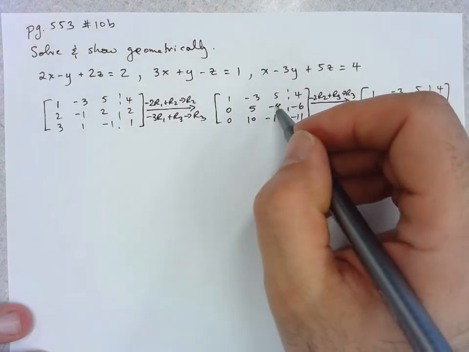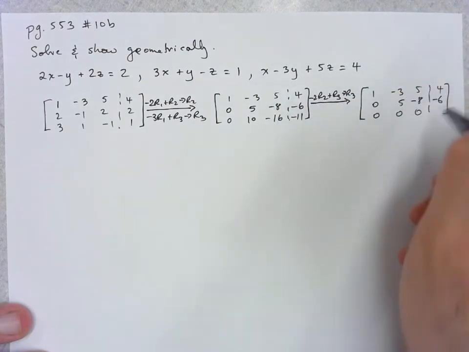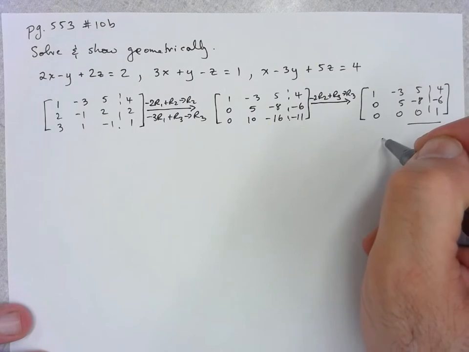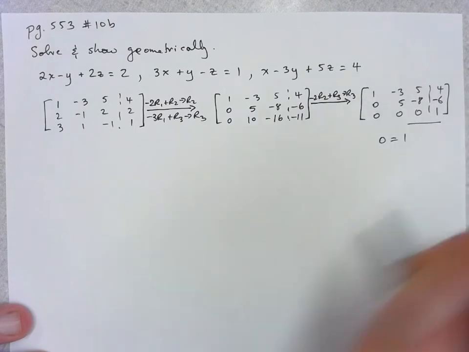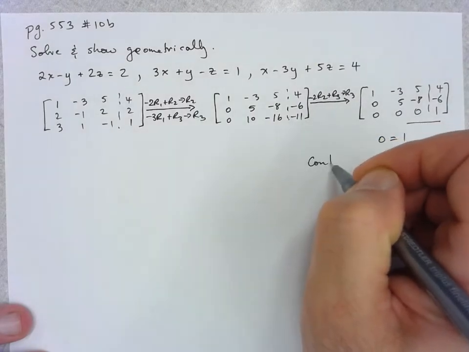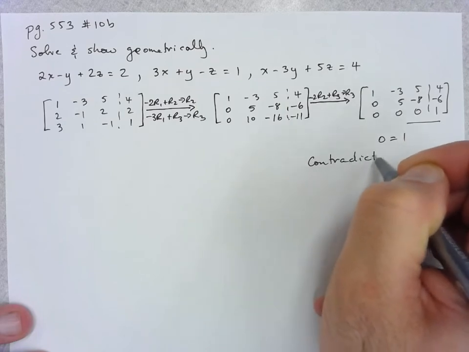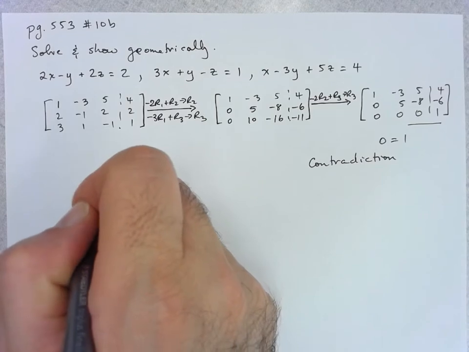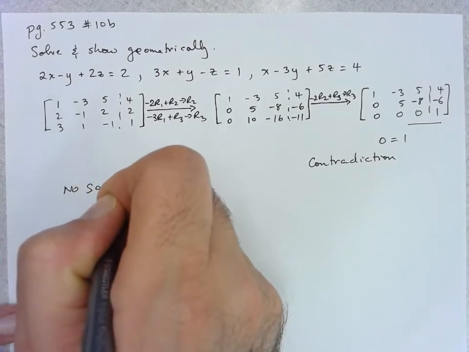Here I have 16 minus 16 is 0. But here I've got 12 minus 11 is 1. Okay, so essentially here we have that this is stating that 0 is equal to 1, and that's a contradiction. Okay, so in terms of solving this system of equations, we can say there's no solution.